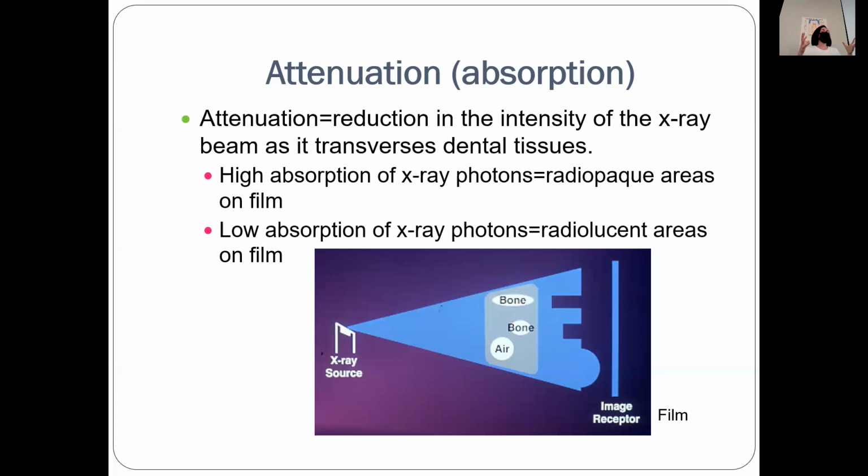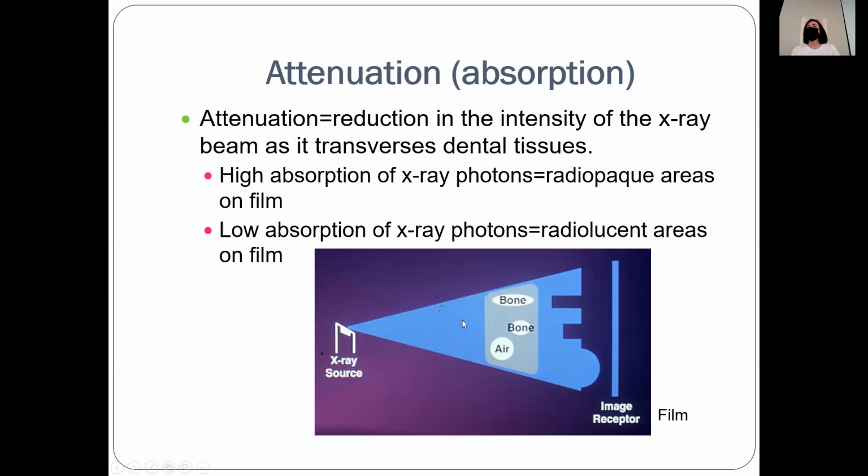So more attenuation, more absorption has happened. Low absorption of X-ray photons leaves a radiolucent effect. You can see that here. So here's air, and these are our X-ray photons flying through the air, and this is bulged out, meaning our X-ray photons have hit the sensor.